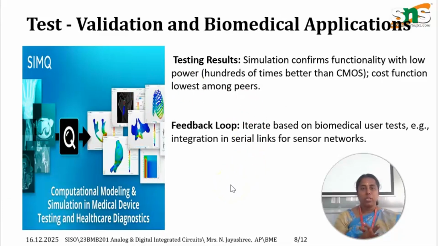Next one is testing, that is validation and biomedical applications. Simulation confirms functionality with low power, and the cost function is lowest among peers. This feedback loop iterates based on biomedical user tests. Example: integration in serial links for sensor networks.